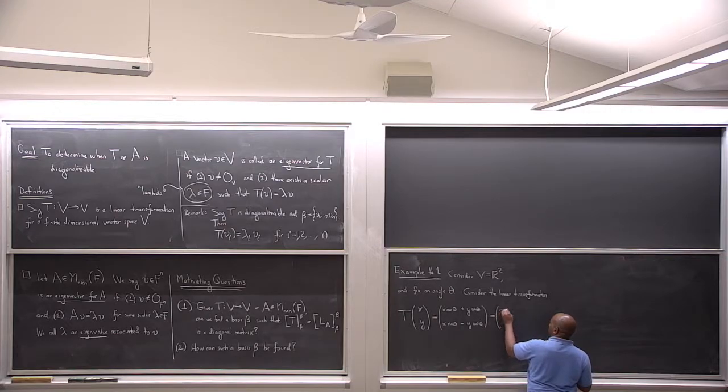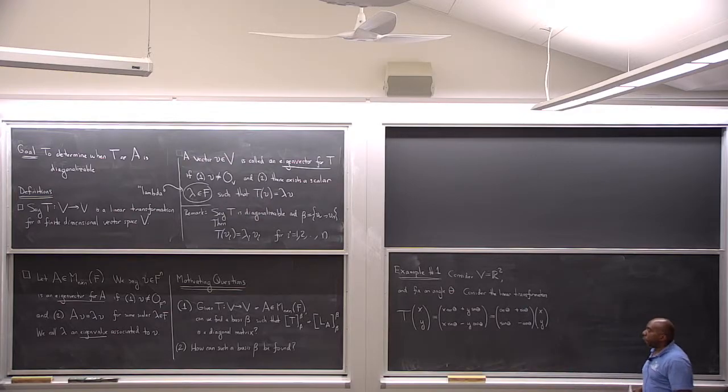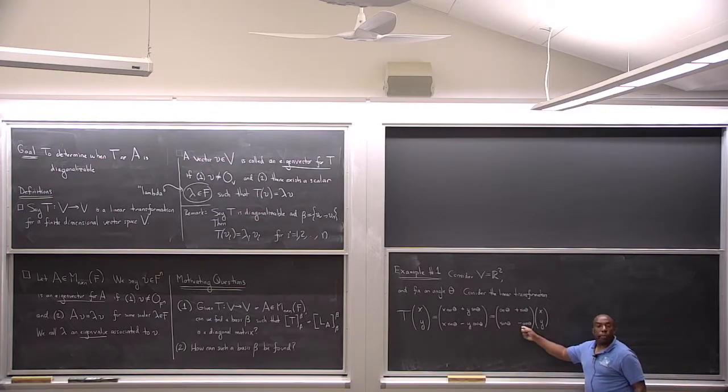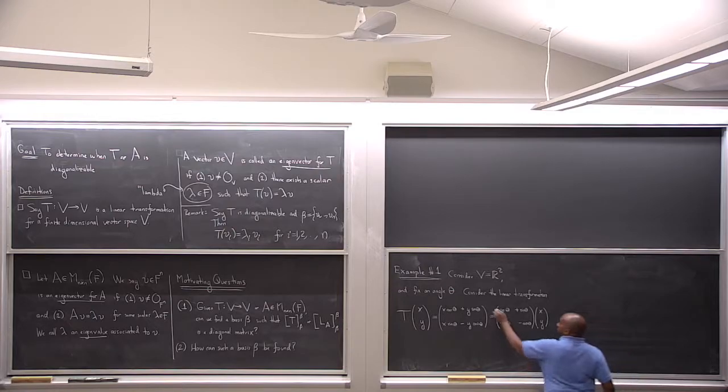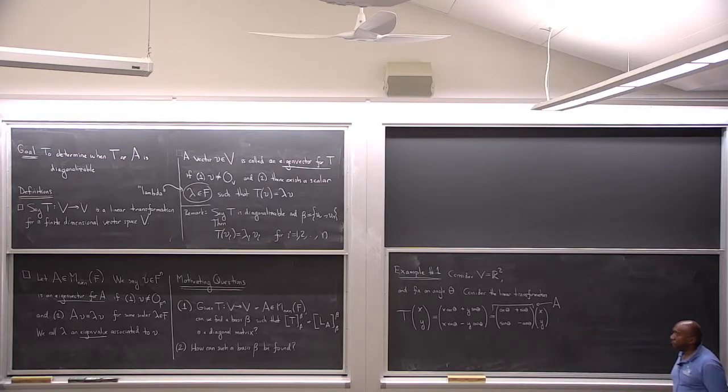So here we have a cosine theta, here's a positive sine theta, and now a negative cosine theta. Of course, remember that every linear transformation looks like the product of some matrix. So this here will, of course, be our matrix A, this 2 by 2 matrix.